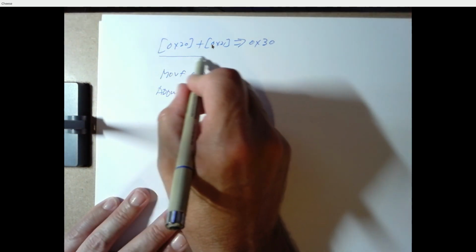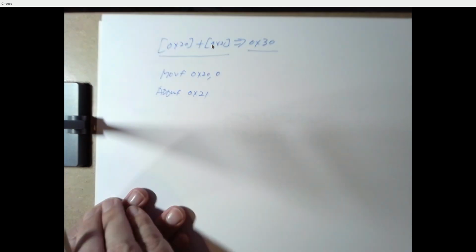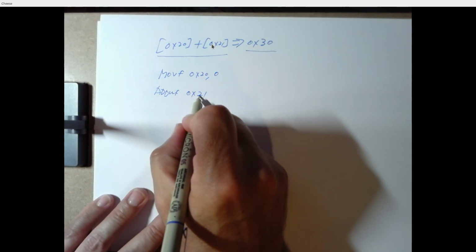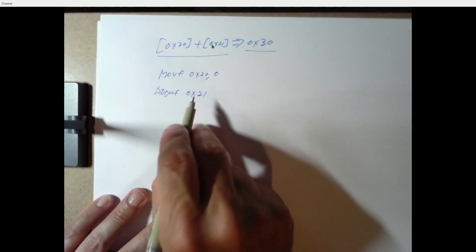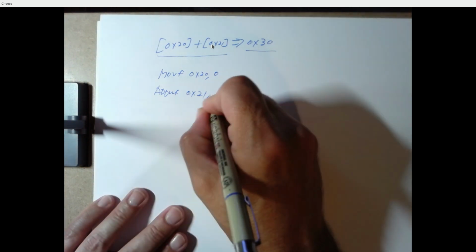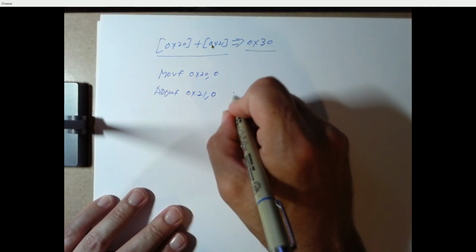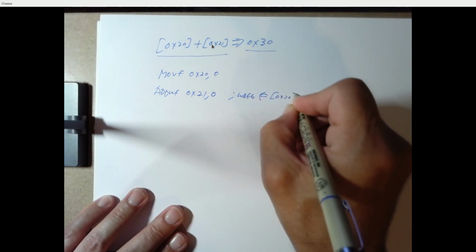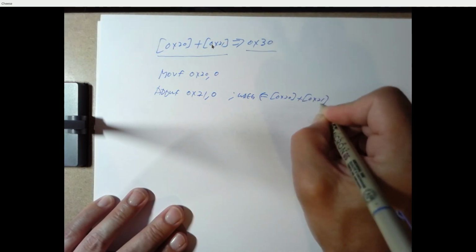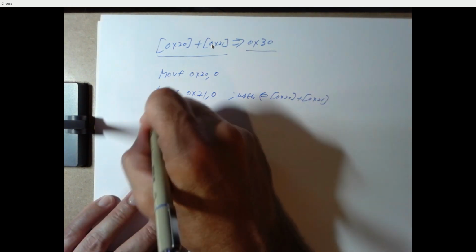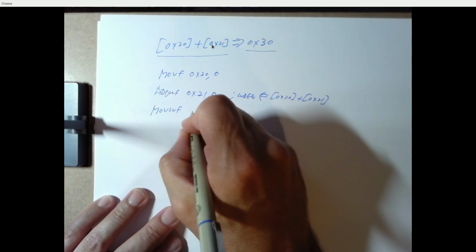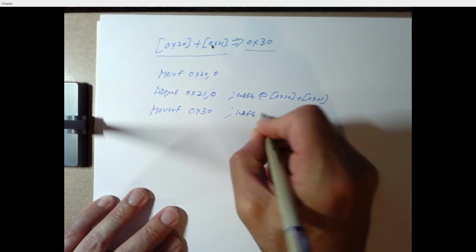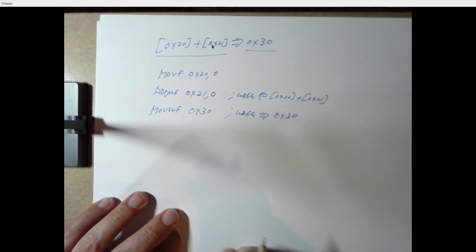So now we've computed this sum. But we want to store that sum in location 30. Well, we can't store it in location 30 with this instruction. We can either store it in location 21, or we can store it in the W register. We don't want to change the contents of location 21, so let's put a comma 0 over here. So now what we've done is set the W register equal to the sum of memory locations 20 and 21. And now we can copy the W register into memory location 30, and we're done.